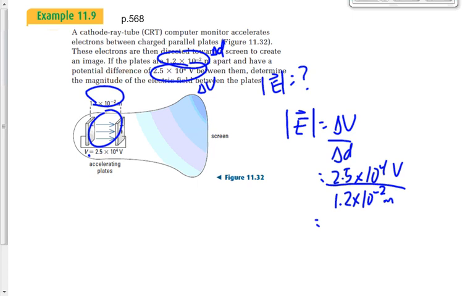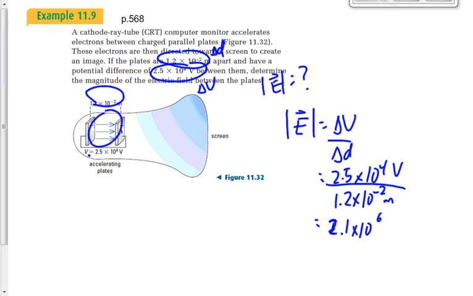Do the math on that one, and we're going to get 2.5 divided by 1.2 is 2.08, so 2.1 times 10 to the 6.